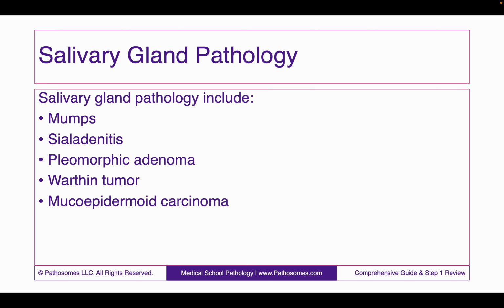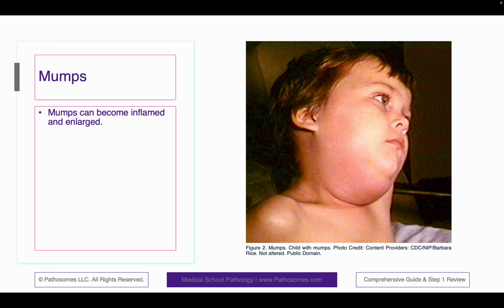Salivary gland pathology that you must be familiar with includes mumps, sialadenitis, pleomorphic adenoma, Warthin tumor, and mucoepidermoid carcinoma. Now, mumps can cause the glands to become inflamed and enlarged.